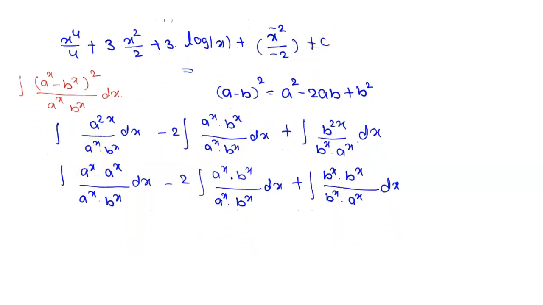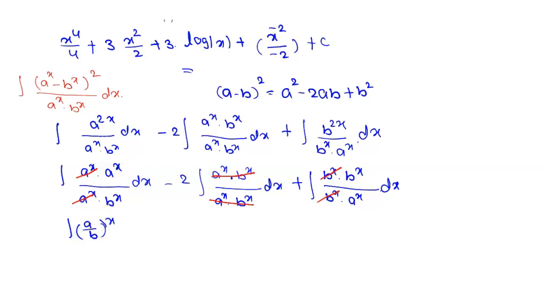So here we can cancel a power x with a power x, and b power x with b power x. The leftover value I am writing as a by b whole to the power x.